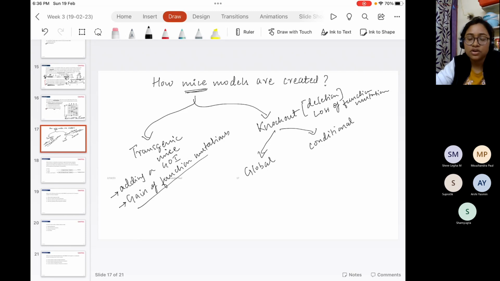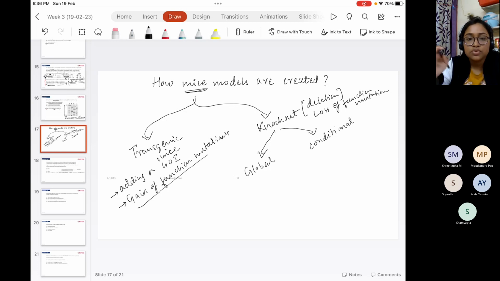Okay, the embryo will not mature, so you will not get the knockout mouse at all. So in that case, the conditional knockout is a much better option, because you're deleting that gene in only that particular tissue. Okay, you're not deleting that gene in any of the tissues or any of the cell types other than that tissue specific cells.